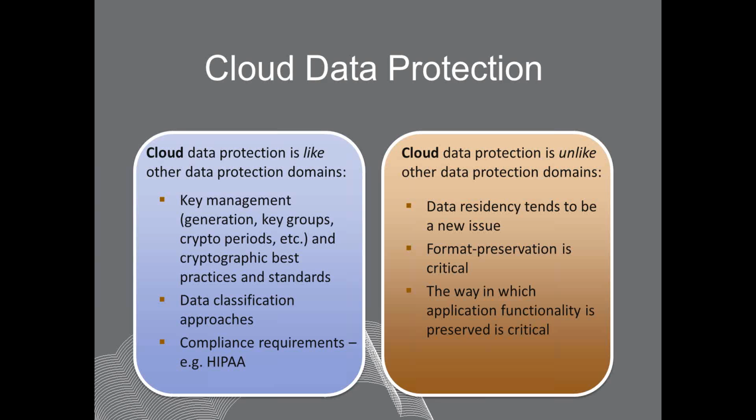And secondly, another area we're going to go into more detail on is the way in which application functionality is preserved, which becomes critical, right? Unlike encrypting data that's simply stored in block storage, and is simply meant to be protected and kept safe, data in a public cloud SaaS application is typically in an operational system.